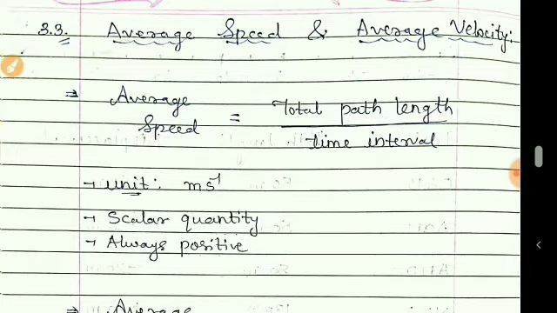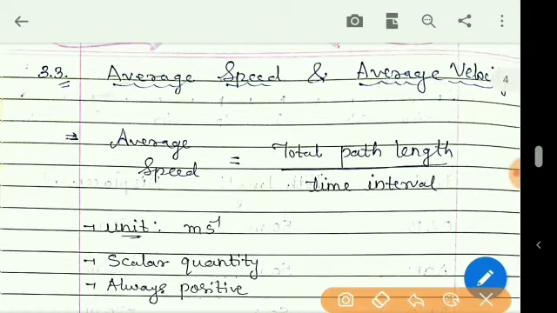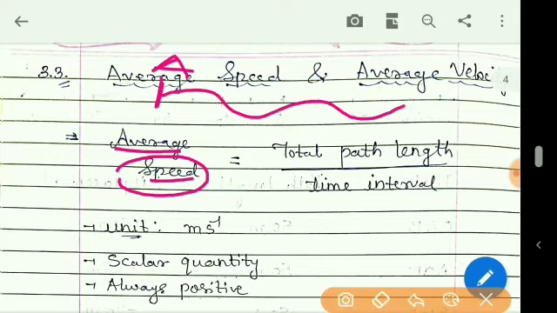Now students, one question arises: why is it taken as average speed and not simply speed? It is because when any particle or a vehicle moves from one point to another point, its speed at each and every point is not the same.